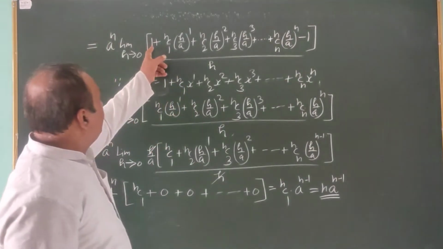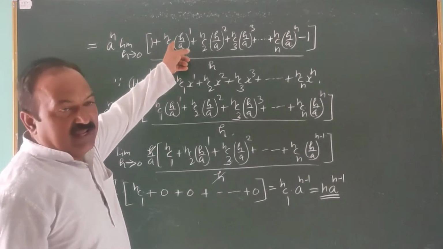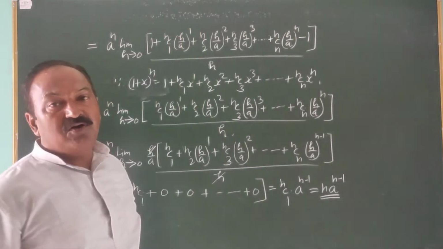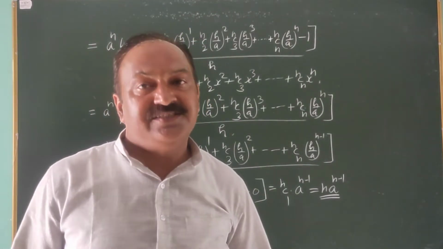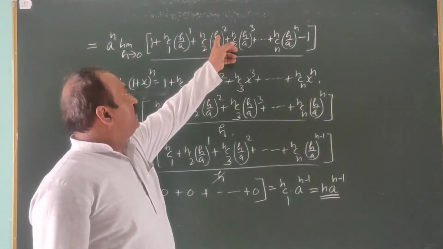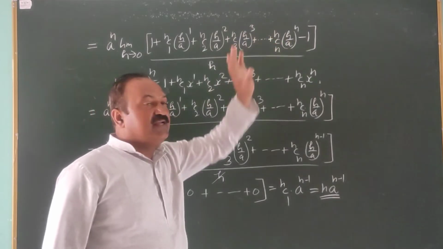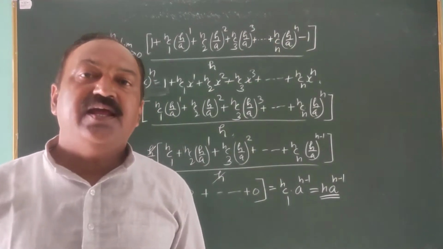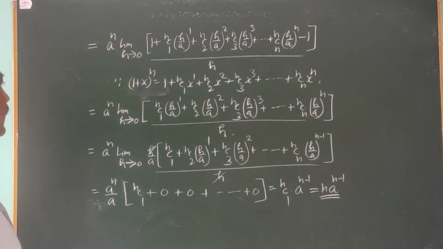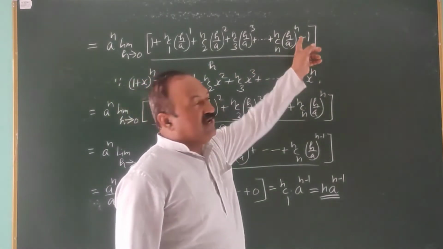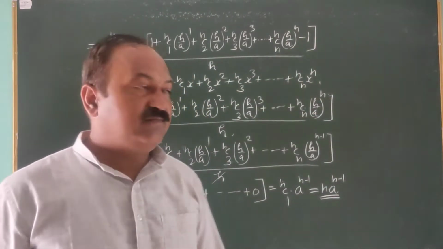We get 1 plus nc1 h upon a raised to power 1, because the role of x is played by h upon a, nc2 h upon a raised to power 2, nc3 h upon a raised to power 3 plus and so on ncn h upon a raised to power n, and minus 1 that is already present in the question.